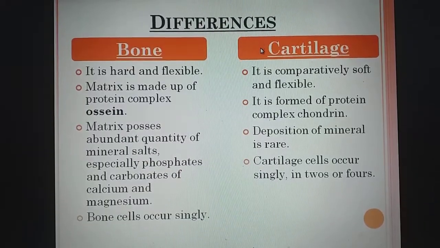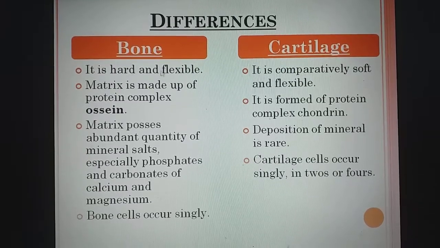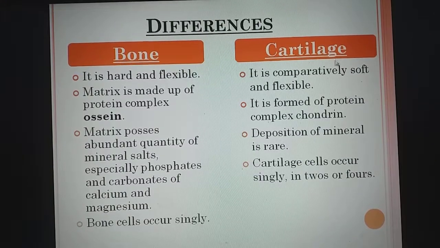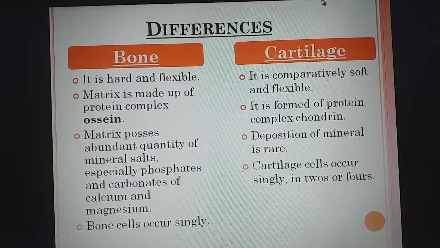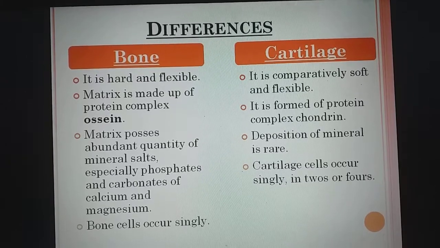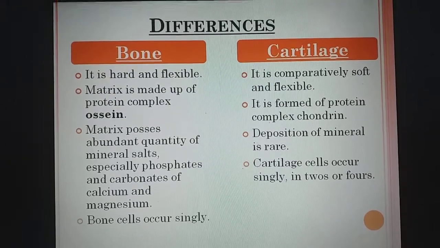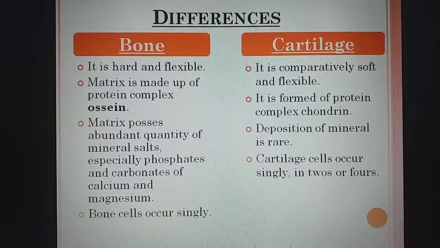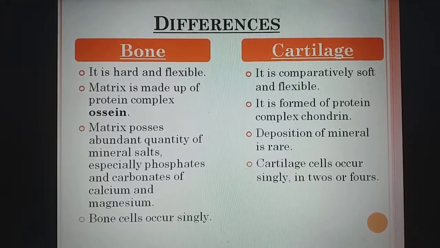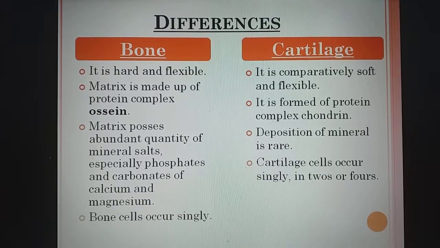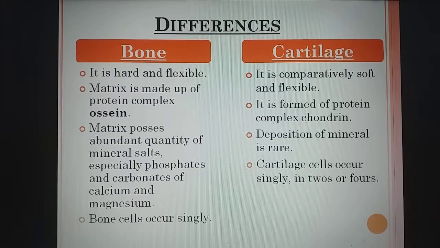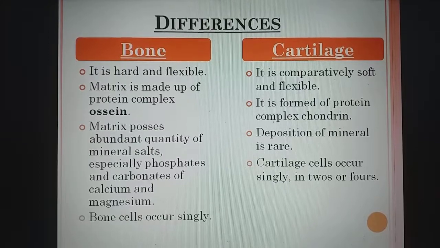Now the main difference between bone and cartilage. Bones are very hard and flexible, whereas cartilages are comparatively soft and flexible. The matrix of bone is made up of a protein known as ossein, whereas in cartilage it is formed of a protein called chondrin. In bone, the matrix possesses an abundant quantity of mineral salts, especially phosphate and carbonate of calcium and magnesium, whereas the deposition of mineral is rare in cartilage.